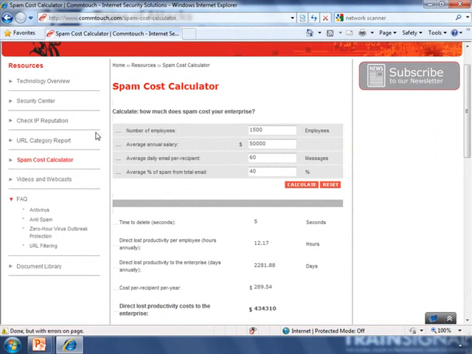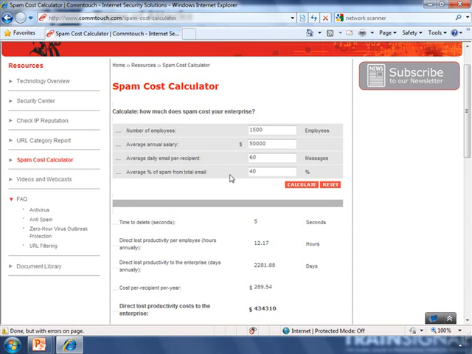This one here is asking, how much does spam cost your enterprise? And with some numbers that were already pre-populated when I got to the website, a company with 1,500 employees that make an average of $50,000 a year each, they get about 60 messages a day, and 40% of those messages are spam.